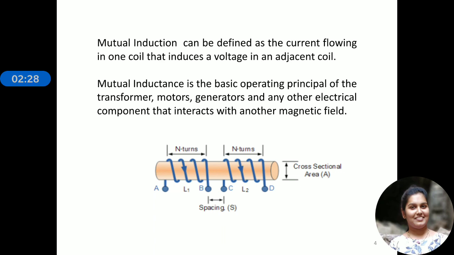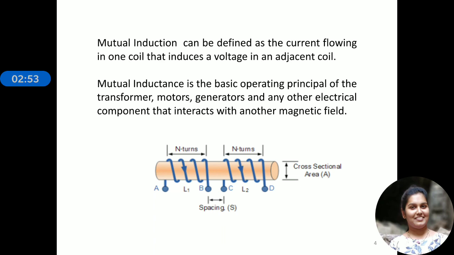When one coil is placed near another coil, an EMF is induced in the secondary coil because of the EMF induced in the primary coil, and this property is known as mutual inductance.